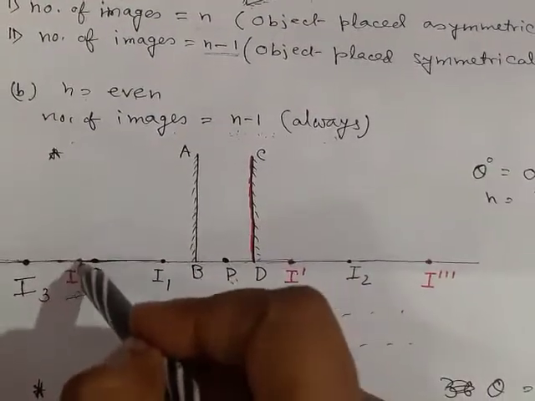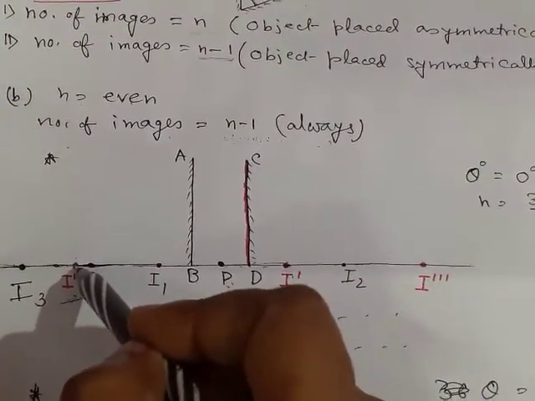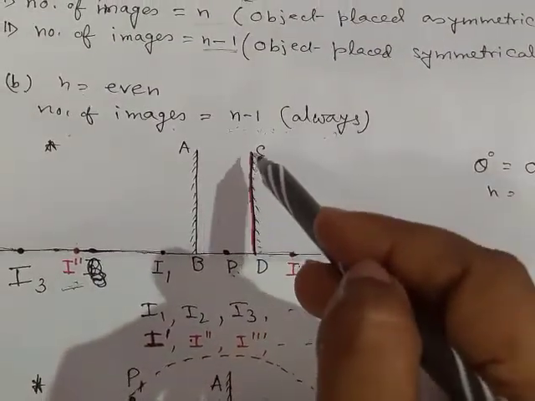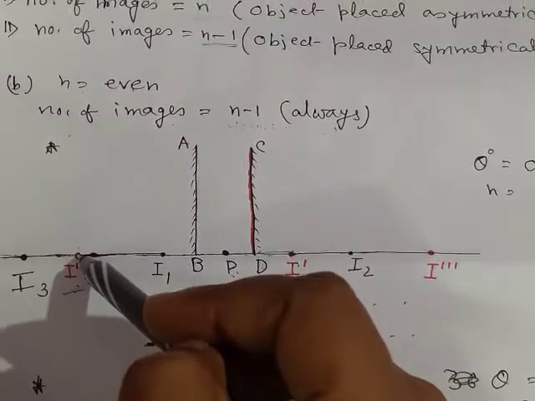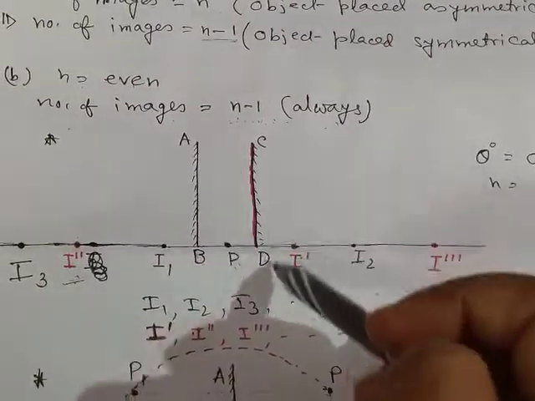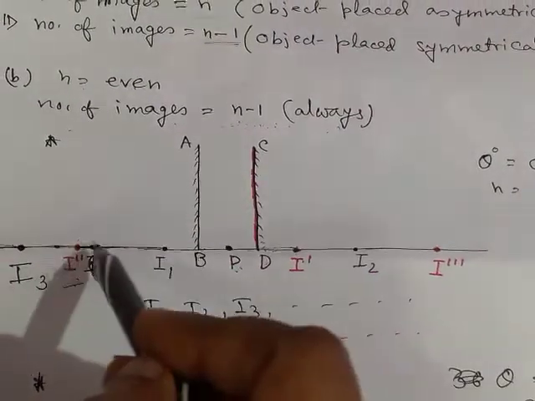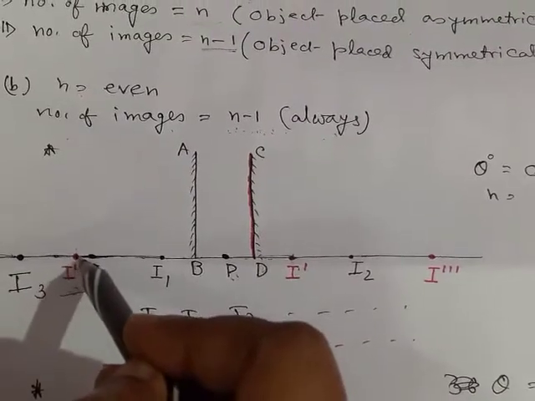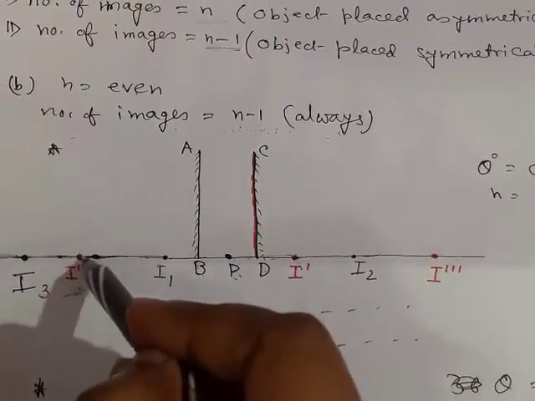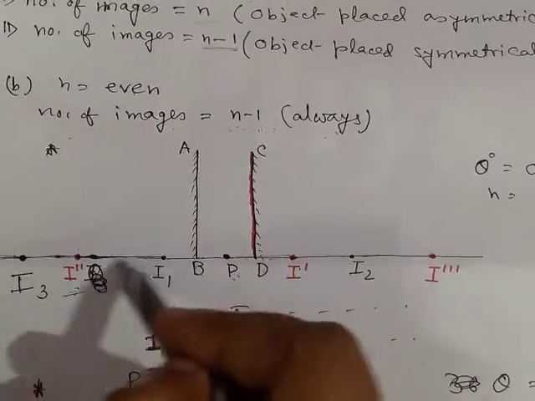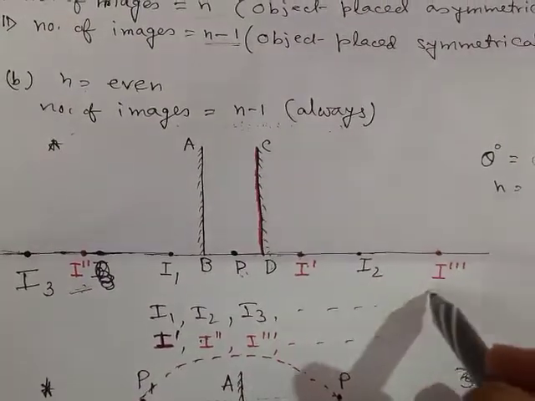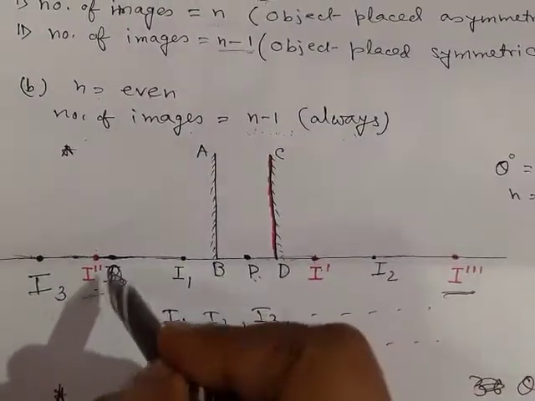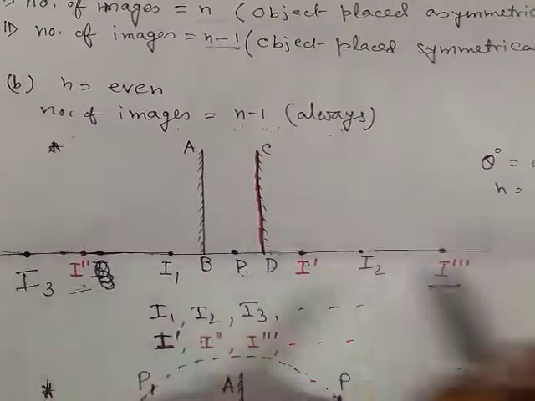Now I double dash becomes a virtual object with respect to the mirror CD, because this image remains in front of that mirror CD. So here also there is image formation of I double dash, and this distance will be equal to that distance, that is I triple dash is formed, the image of I double dash.